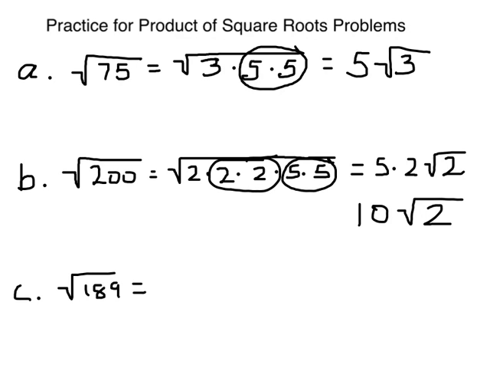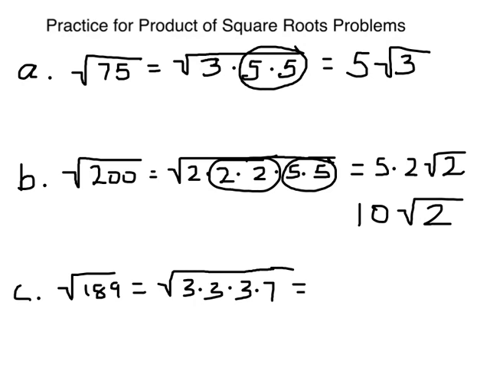Alright, and then the square root of 189, I know that number is divisible by 9. It will go 21 times. 9 is 3 times 3, and 21 is 3 times 7.